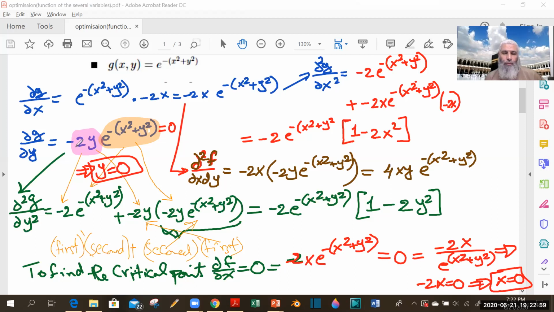This should be equal to 0. 2y equal to 0, so y equal to 0. So our critical point is 0, 0. Okay?